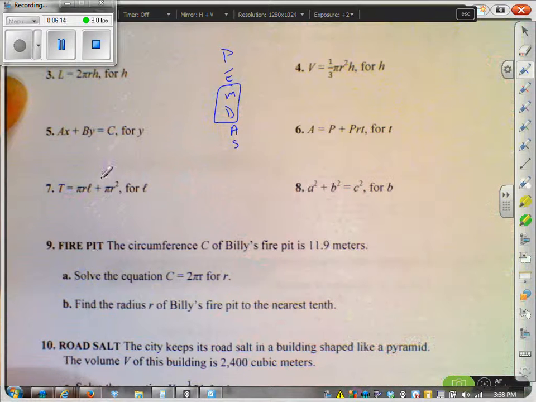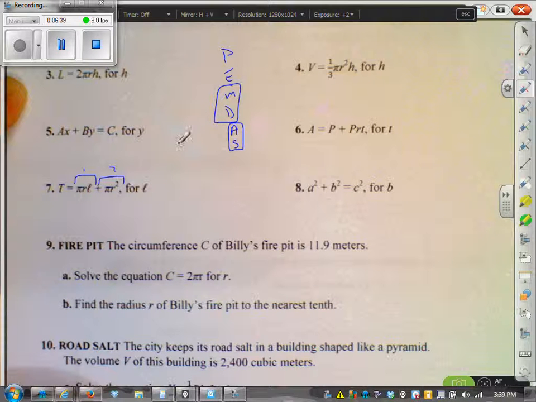So we look and say, okay, well, there is multiplication here because all these variables are touching, so they're being multiplied. So L is being multiplied by R and pi. That's the first thing that's happening here. Then PEMDAS says addition and subtraction happens. And so then we're adding pi r squared. Right? We're adding this part.